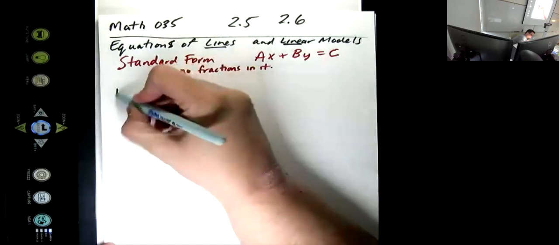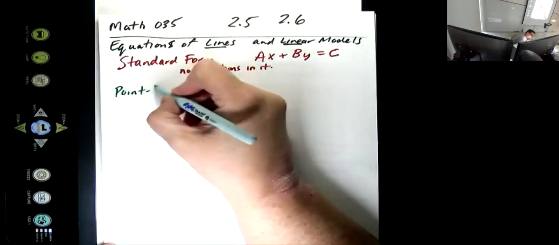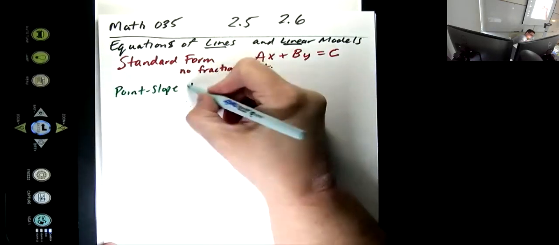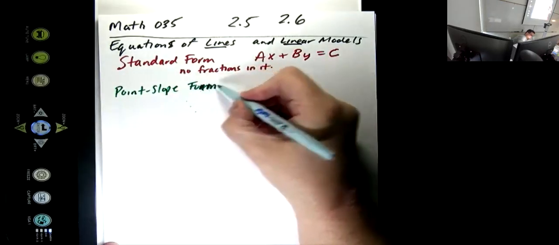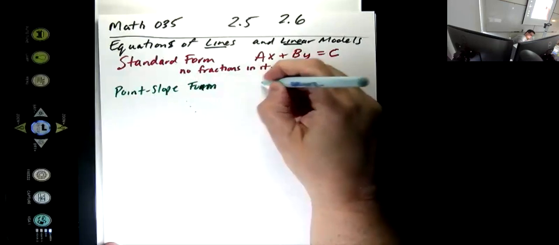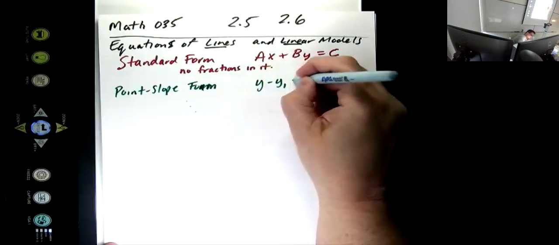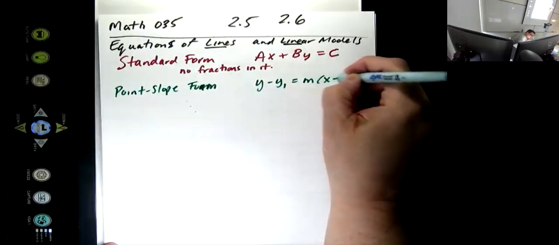There's the point slope form, which we're going to work with first. This is y minus y1 equals m times x minus x1.